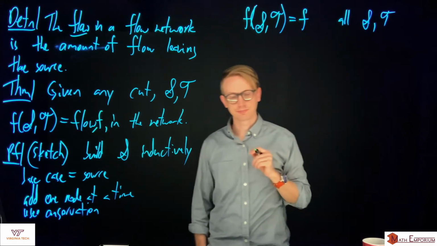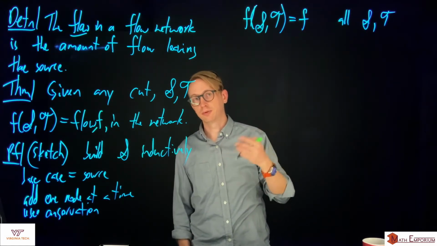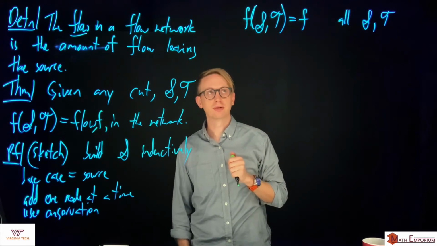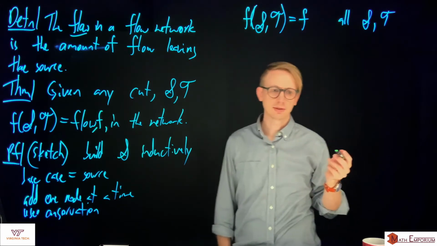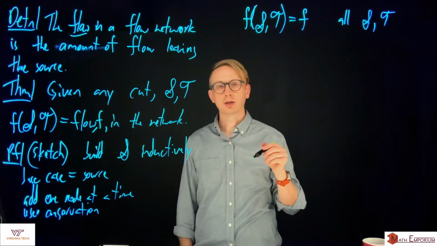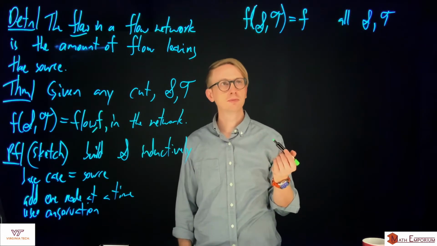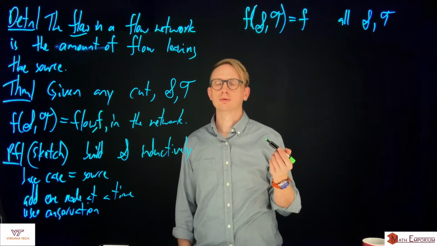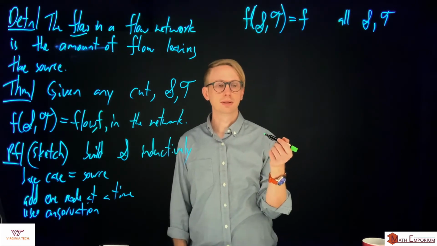So this is independent. What this also says is it doesn't matter how you cut the graph, the flow that you calculate is going to be the same number no matter how you cut it. Now this is not true for capacities, all right? Capacities have different numbers based on S and T, and have nothing to do with flows, at least in terms of calculation. So capacities do vary based on S and T.